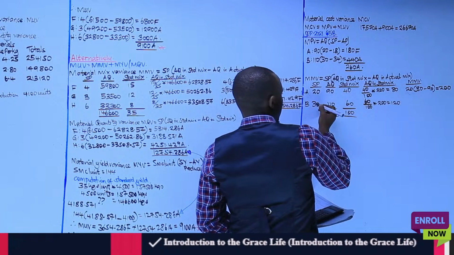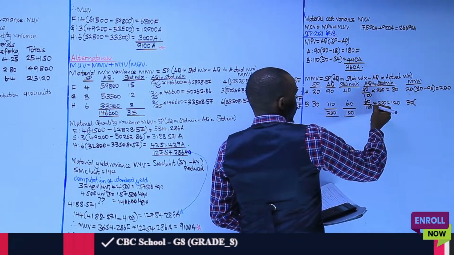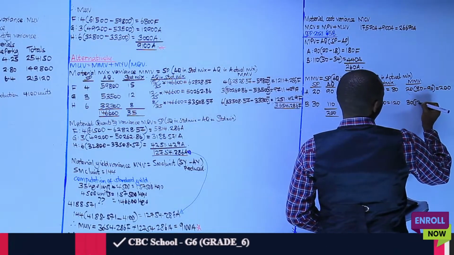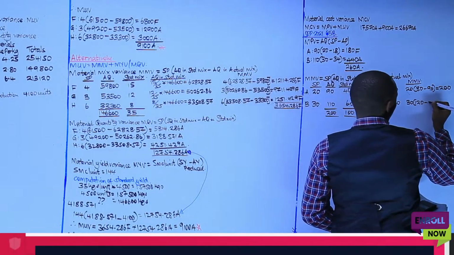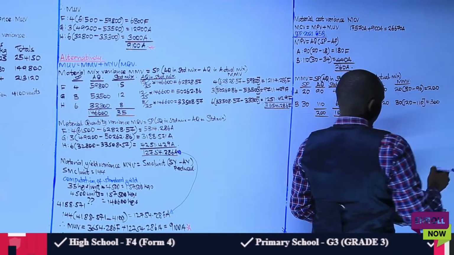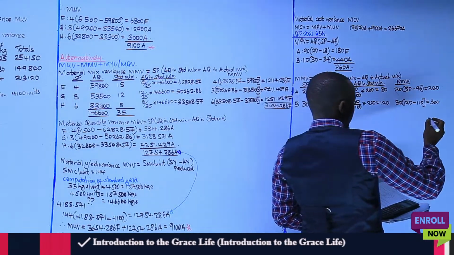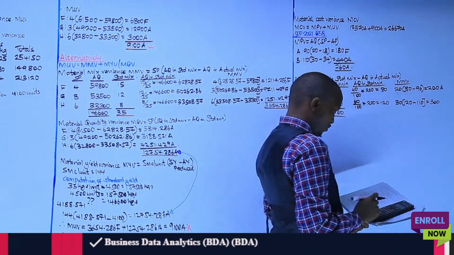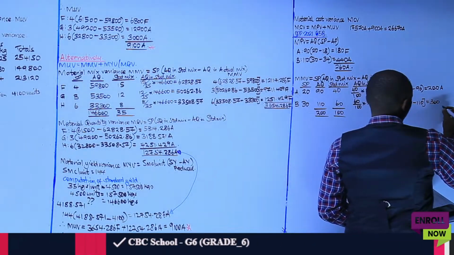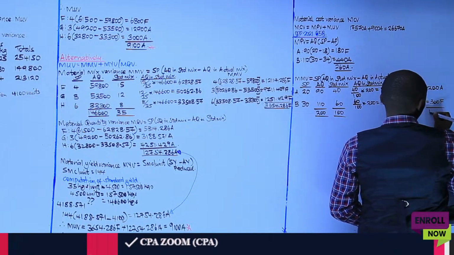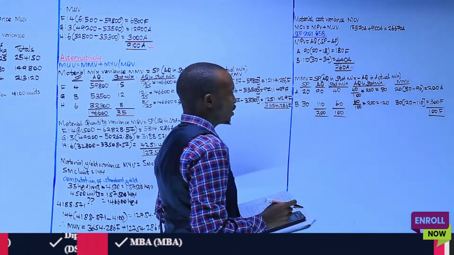Standard price of 30, actual quantity in standard mix of 120, actual quantity in actual mix of 110. This will be adverse, favorable. So that in total, that will be 100 favorable.